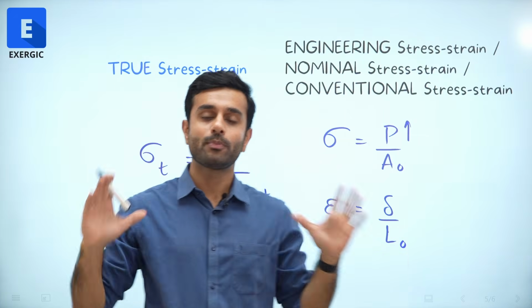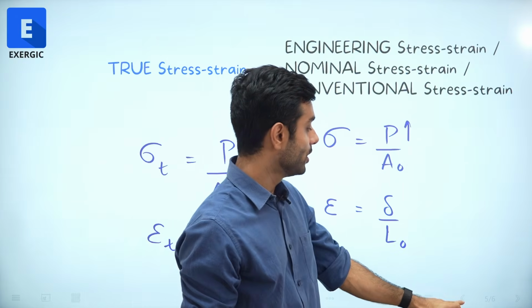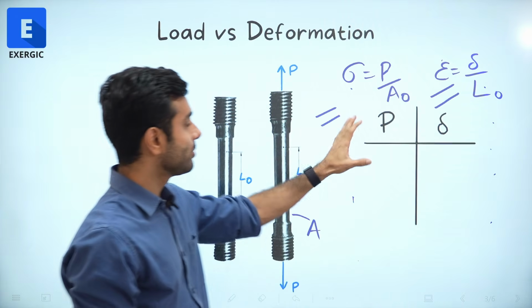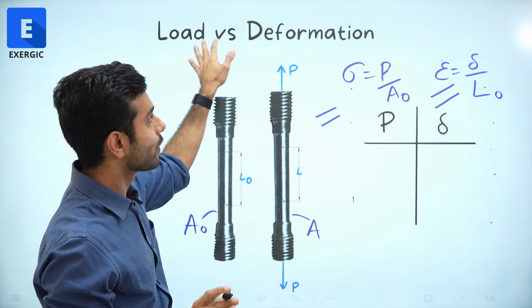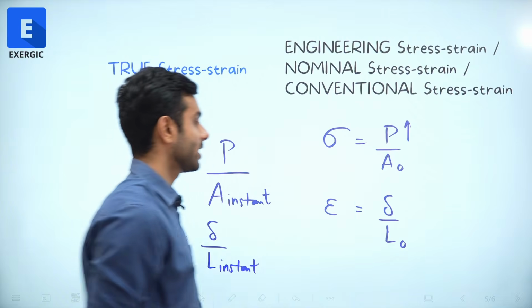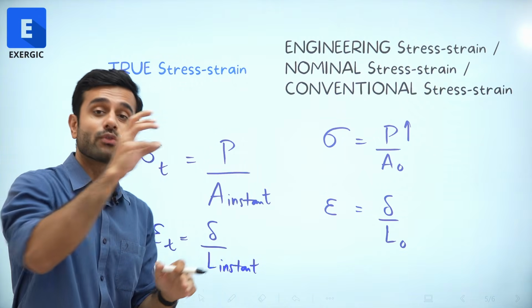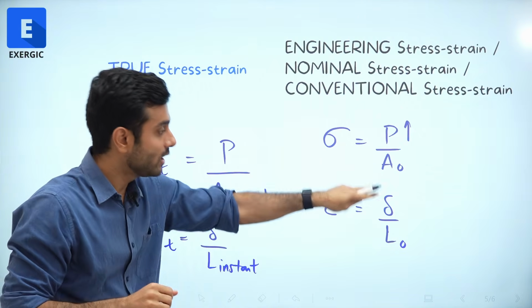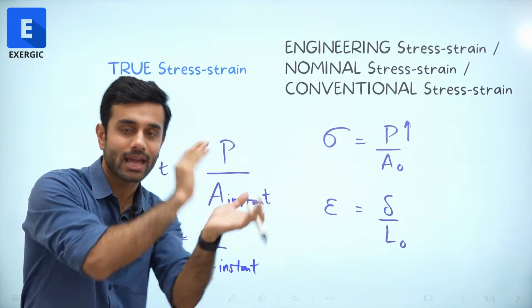Now, when you plot these, plot what? Stress and strain. Remember I told you the P-delta diagram, the load deformation diagram, is not going to be much useful. We have to draw the stress strain diagram. So whatever values of stress and strain we calculate from the values of P and delta, we are going to plot in a stress strain diagram.